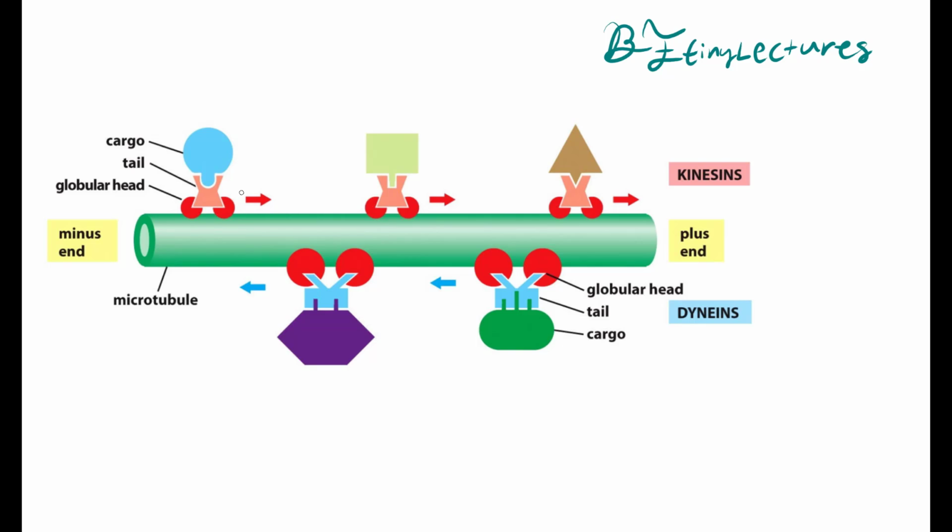And here we see the motor proteins going towards the plus end, away from the cell, those are called kinesins, and the motor proteins going towards the cell are called dyneins.